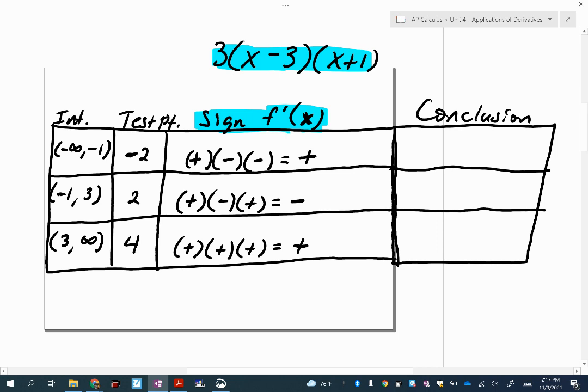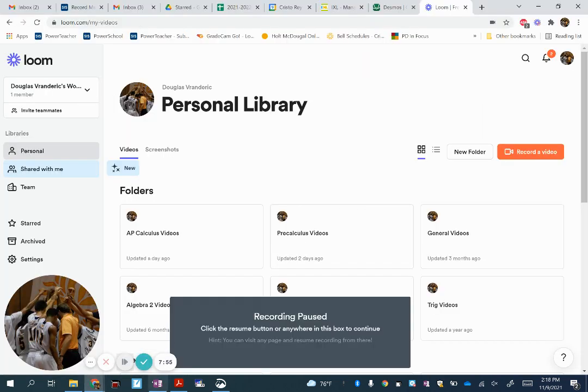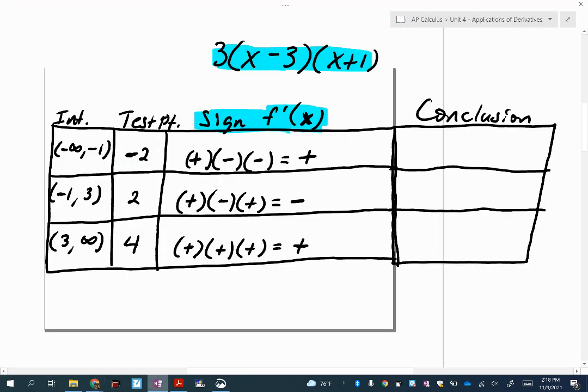So everything's positive there. Now what you're noticing is that when I plug these in, my signs are changing as I go through my test points. So when I look at the f of x function, if the first derivative test is showing me the derivative is positive, then the original function f of x is increasing.